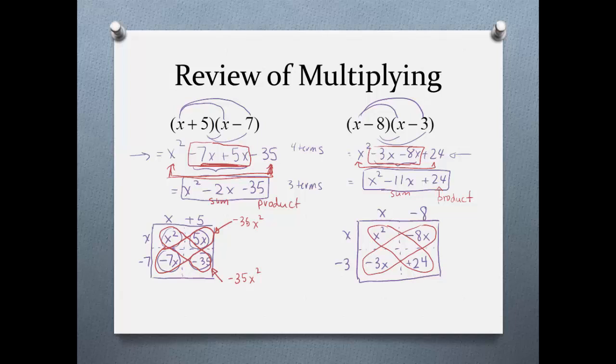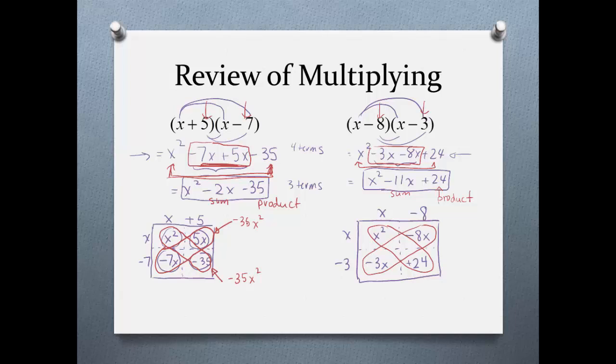These two middle terms that I have here, which come from these spots here, add up to be this middle term. Positive 5 and negative 7 add to be negative 2, and they multiply to be negative 35. Over here, these terms that end up inside the parentheses multiply to give you positive 24, and they add up to be that middle term.